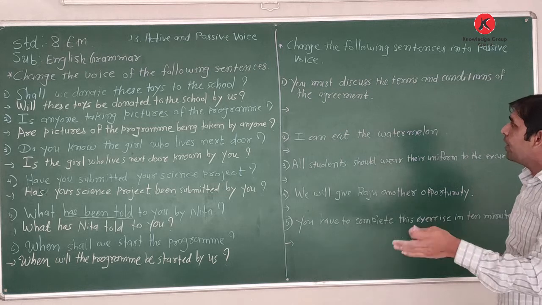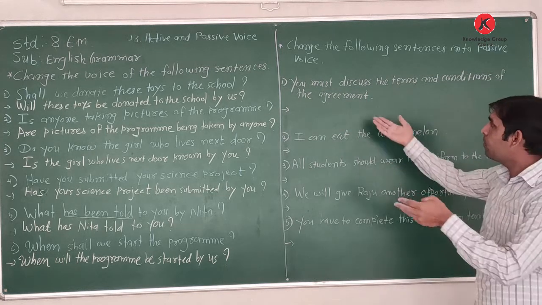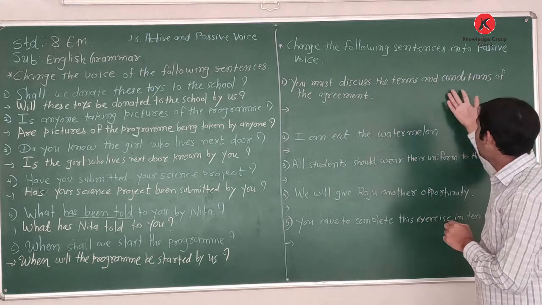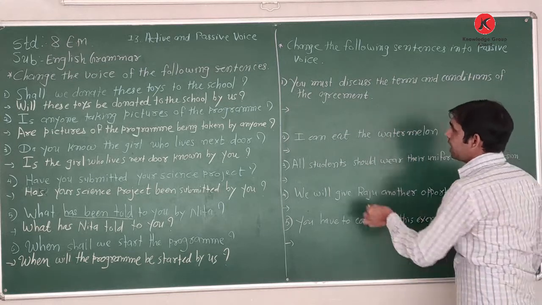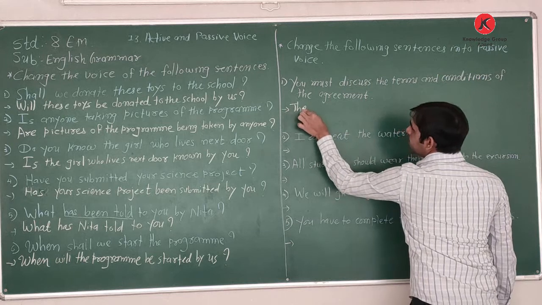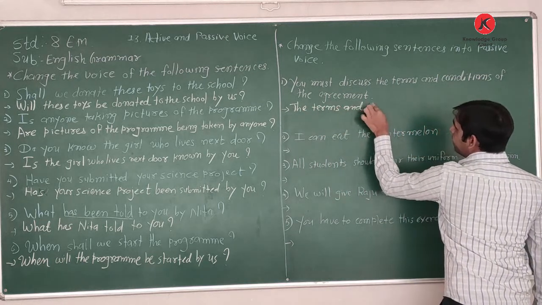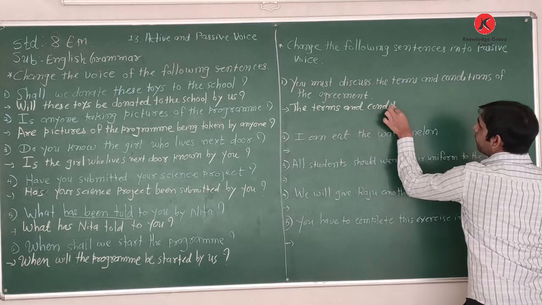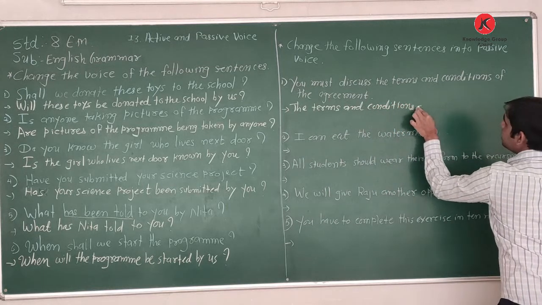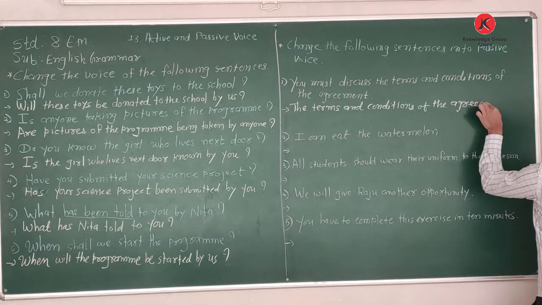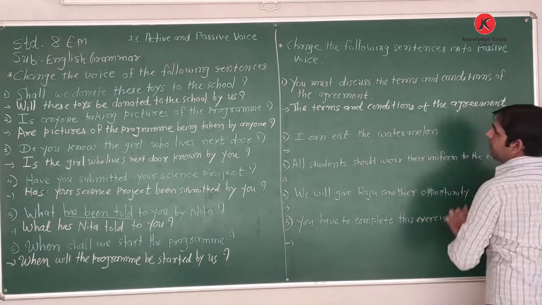How can we know? We make the question with what. What must you discuss? The answer we get is the terms and conditions of the agreement. So the object is the terms and conditions of the agreement.